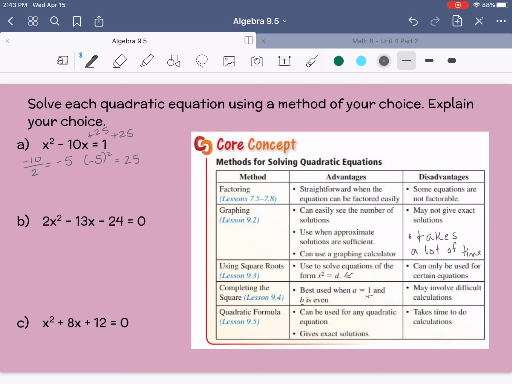Okay, so now my new equation is x squared minus 10x plus 25 equals 26. Groovy. Okay, and then I factor the left side, so that's (x minus 5) squared equals 26.